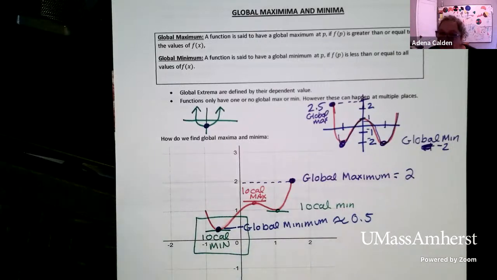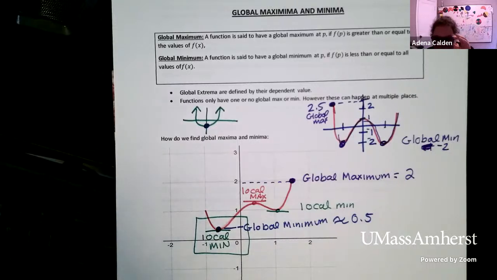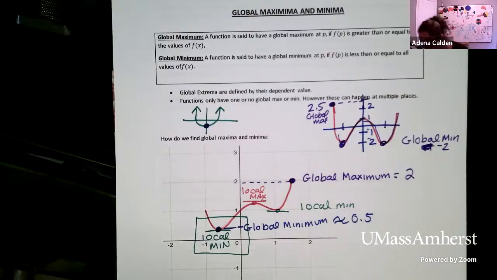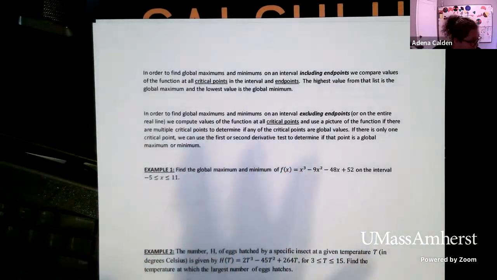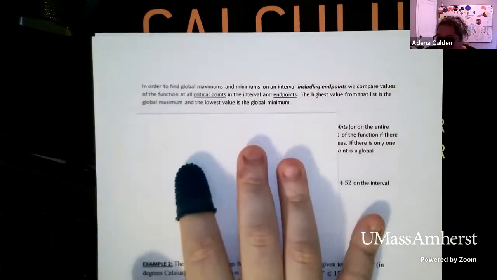So we have 2 cases that we look at when we talk about global maximums and minimums. The more common case is when we have some sort of endpoints, whether algebraically, on a graph, or conceptually. So we're going to talk about the ones that have endpoints first, and then we'll do an example at the end where we don't have endpoints.